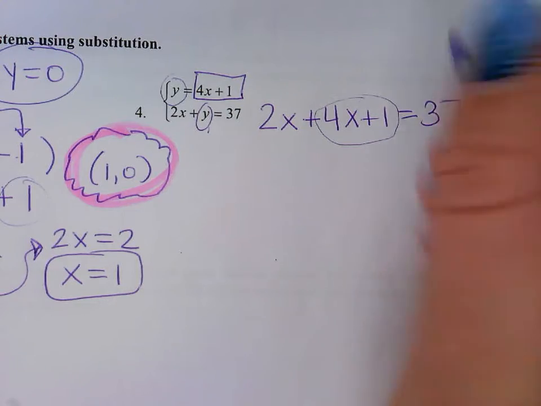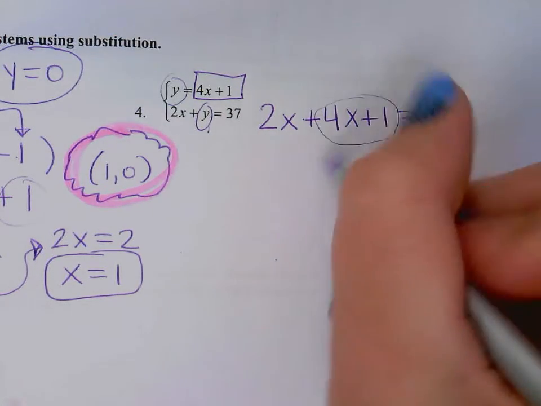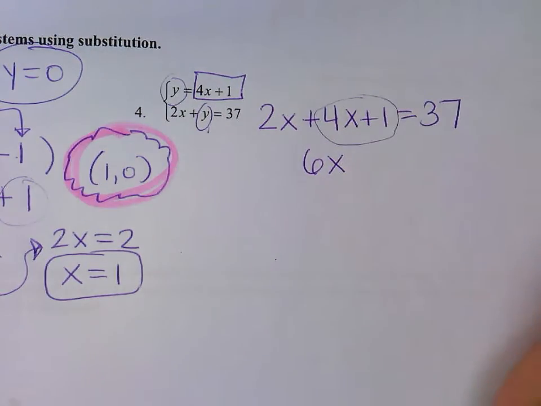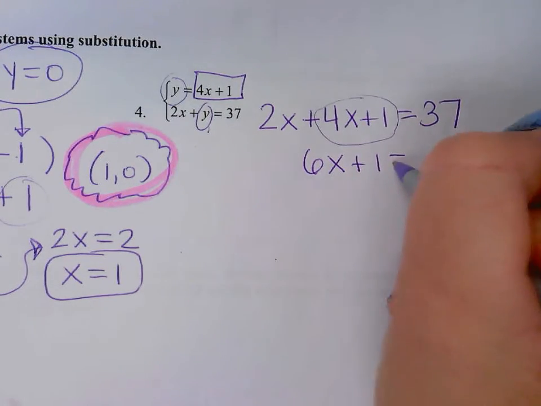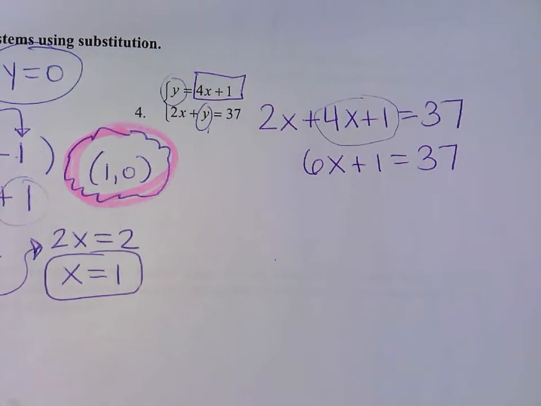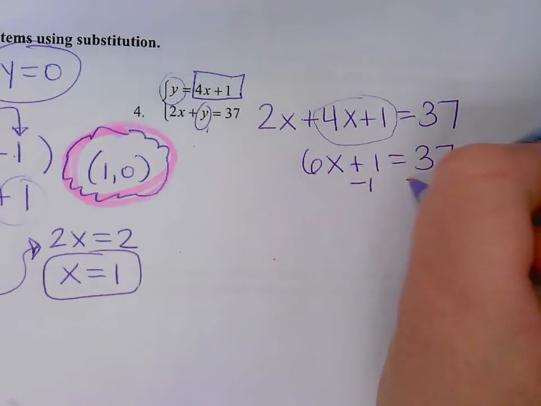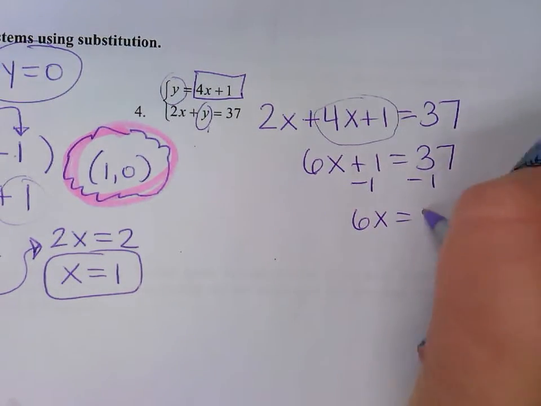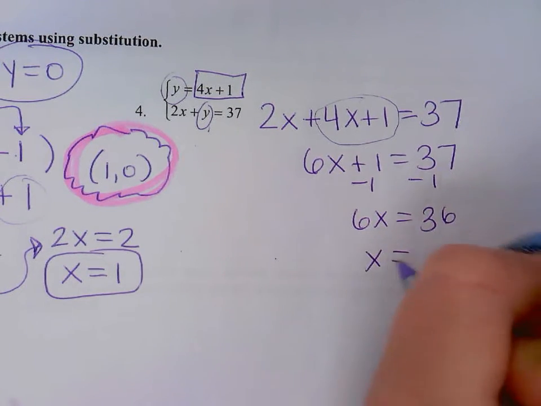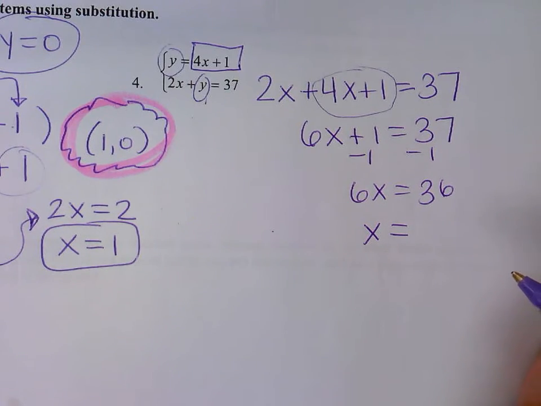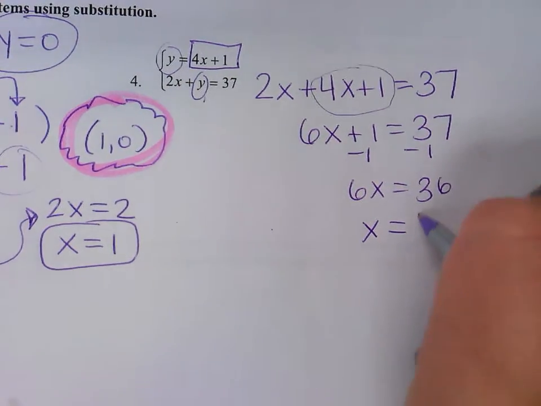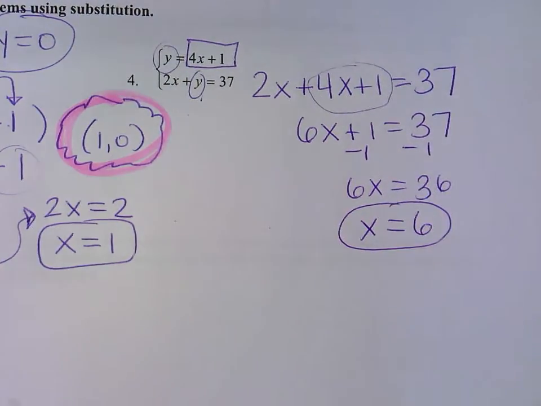Yep. Well, so I get 6x plus 1 equals 37. So what's my next step to combine like terms? Subtract the 1. So I get 6x equals 36. Divide by 6 on both sides, and x is 6. That's half of my answer.